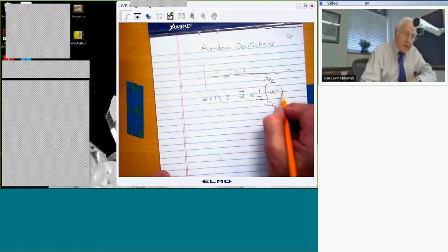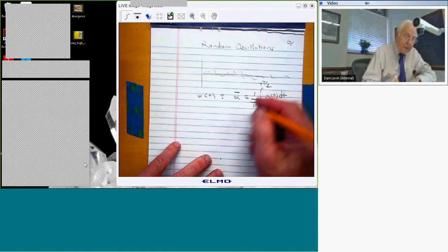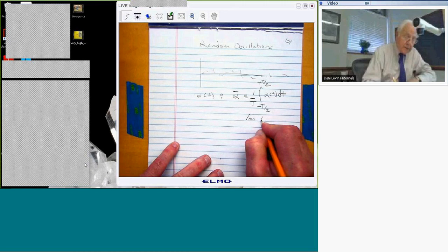Right? That's the time average. And we're thinking of the limit as T tends to a large number.